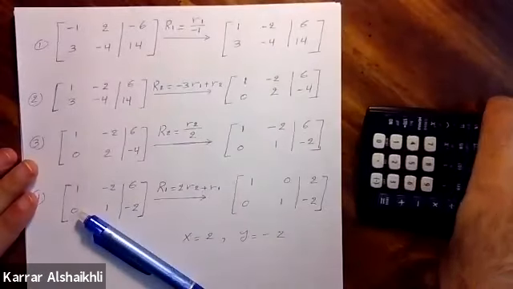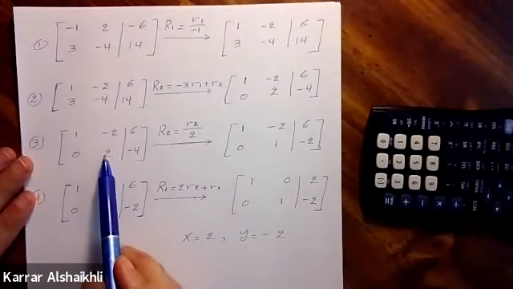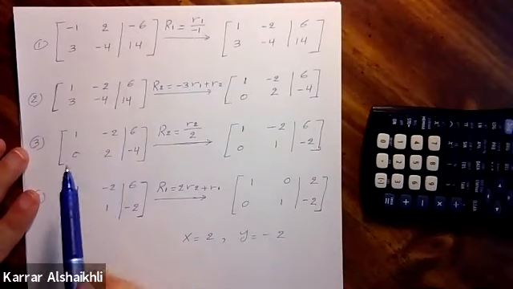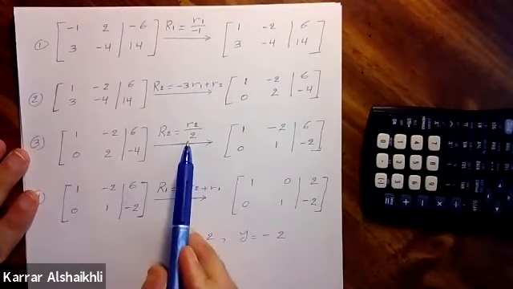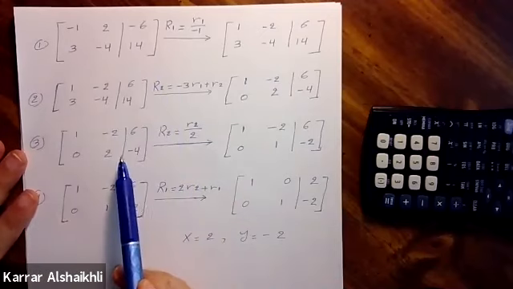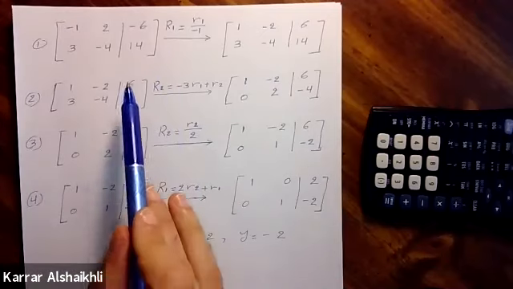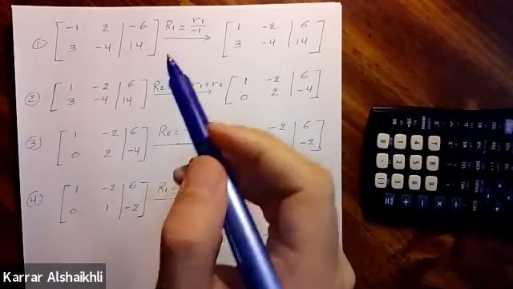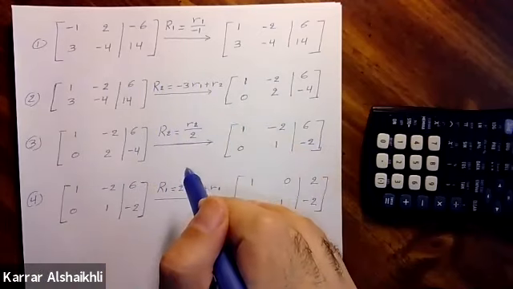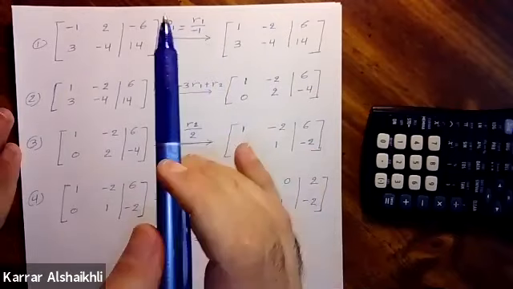Step 3, I need to convert this number to 1, so I'm going to divide the whole row by 2. So step 1 and step 3 are divide. Step 2 and step 4, you're going to add. Let's do this one again.